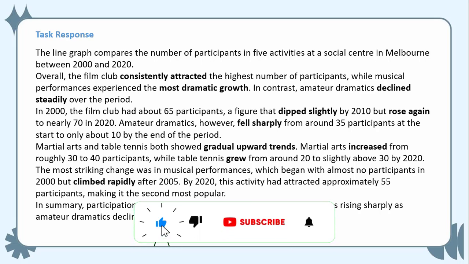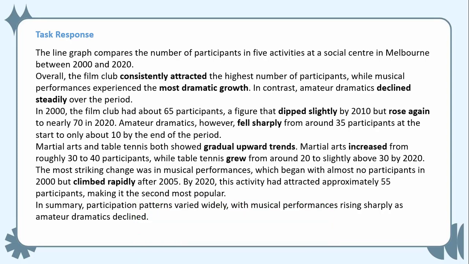In 2000, the film club had about 65 participants, a figure that dipped slightly by 2010 but rose again to nearly 70 in 2020. Amateur dramatics, however, fell sharply from around 35 participants at the start to only about 10 by the end of the period.